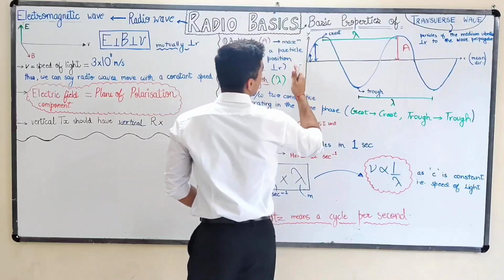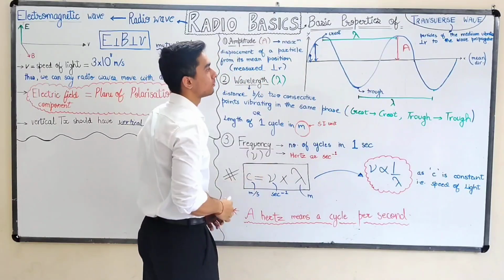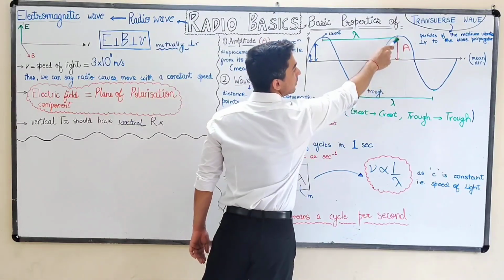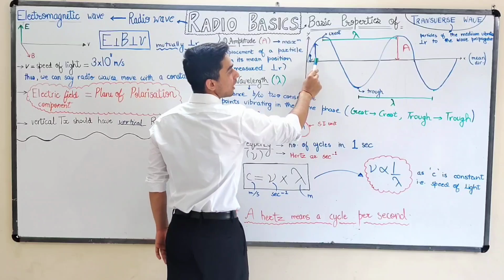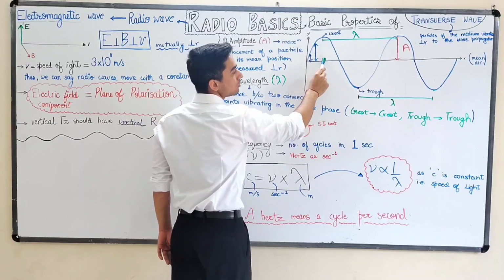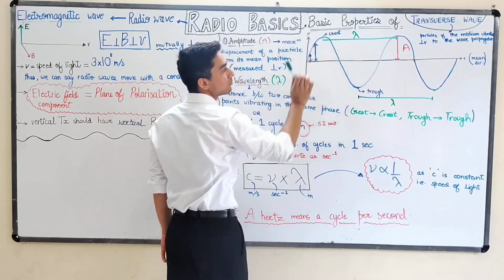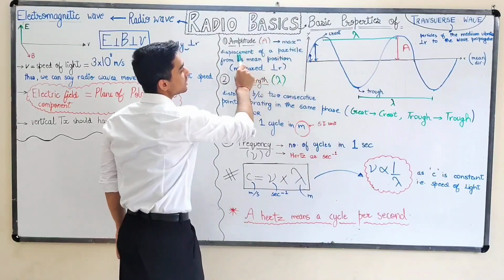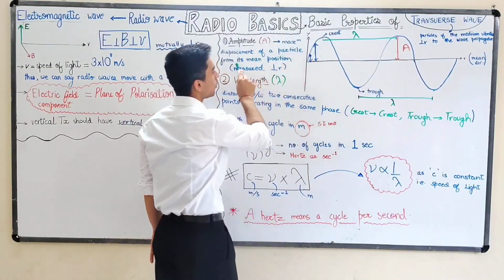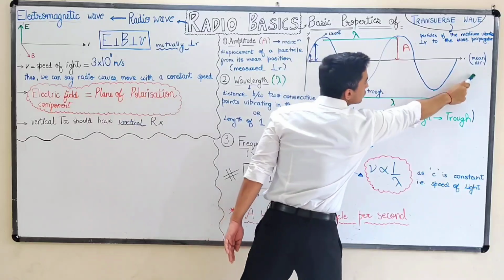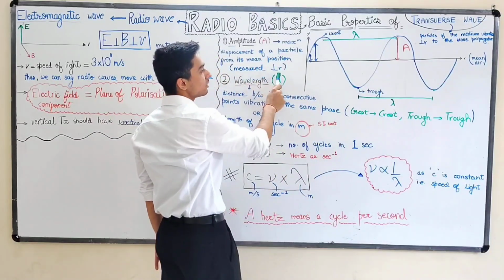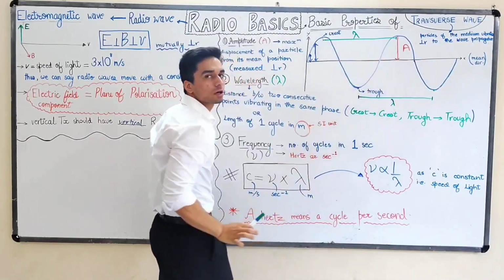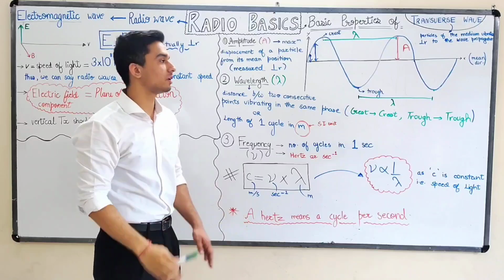Listen to the definition again with the help of diagram. It is the maximum displacement. The particles are vibrating here also, but maximum at one point, which is known as crest of the wave. Maximum displacement of a particle from its mean position, which is measured perpendicularly. I hope you are clear with this definition.